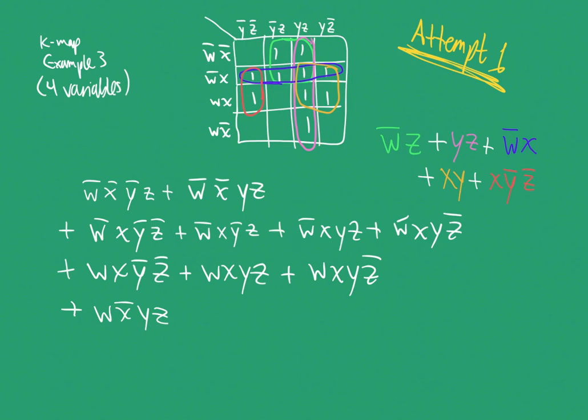If you are currently suspecting that we could have done better, you are correct. It's great that we got this additional 2 by 2, but there was a different way to circle a 2 by 2 to cover all the ones with the biggest pieces. Okay, so we're going to compare here.